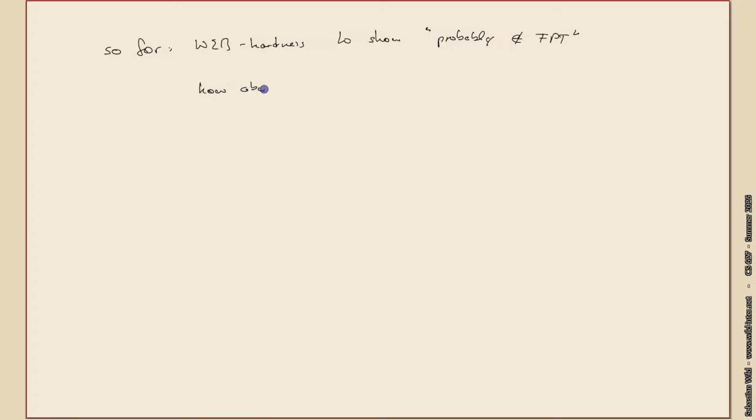How about problems in FPT? Can we somehow get lower bounds for this f of k?